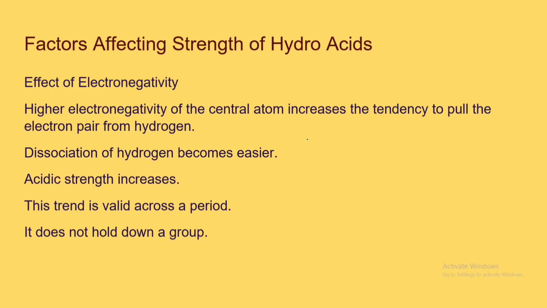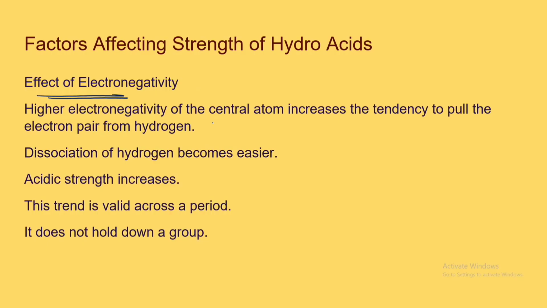Next, coming on to the factors which affect the strength of the hydro acids. The first one is the effect of electronegativity. When you're talking about hydro acid strength, there is a general increase in strength when going from left to right along a period.